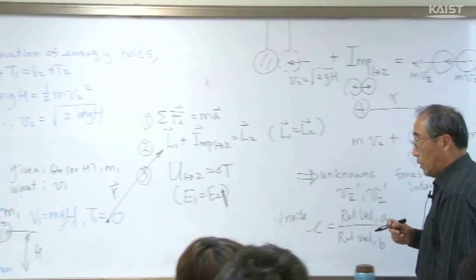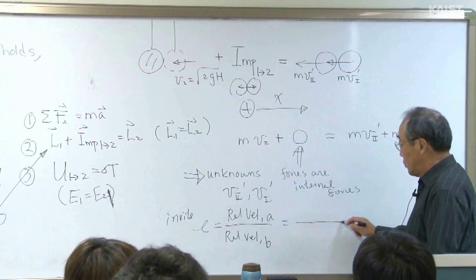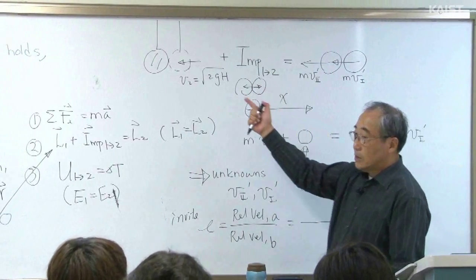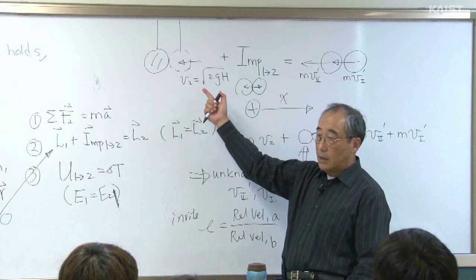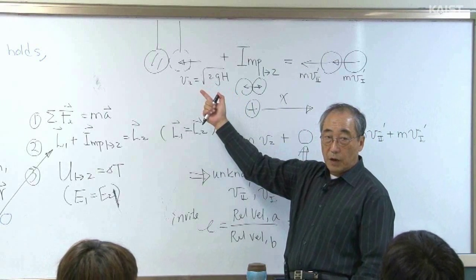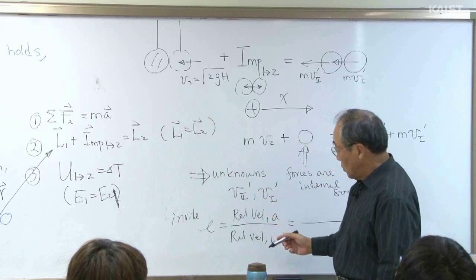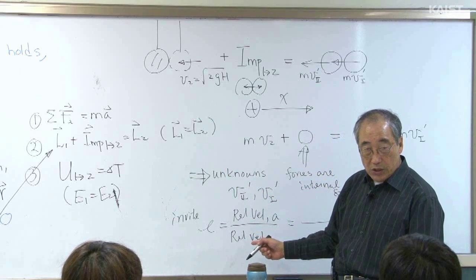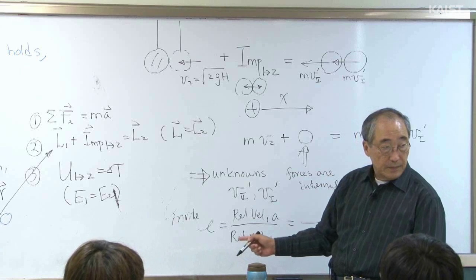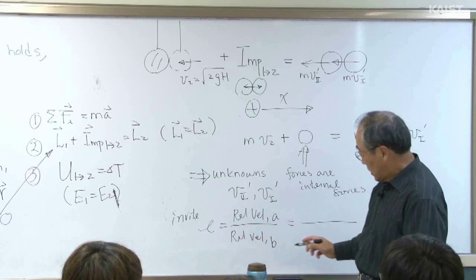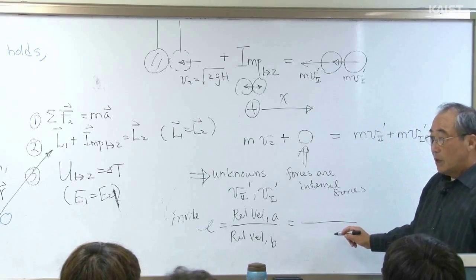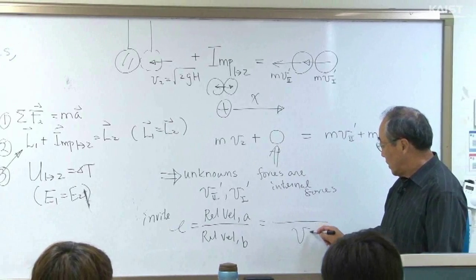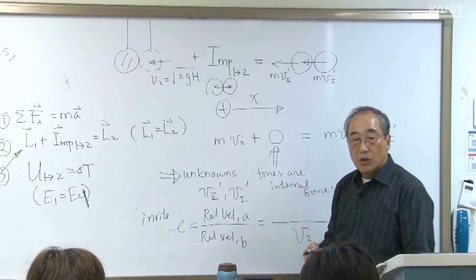Okay? So what does the coefficient of restitution say? What is this in this case? Relative velocity, and also those velocities have to be always positive. Okay? So what is this in this case? V2. Because mass 1 was stationary.